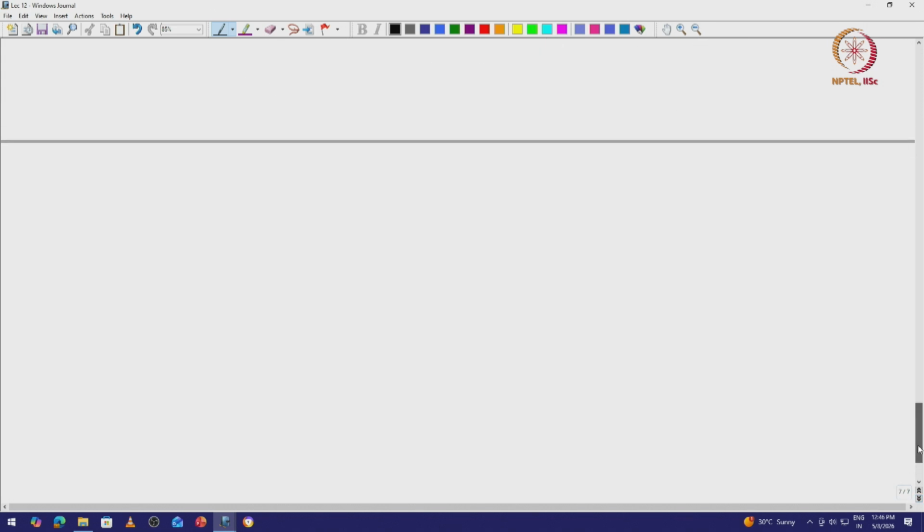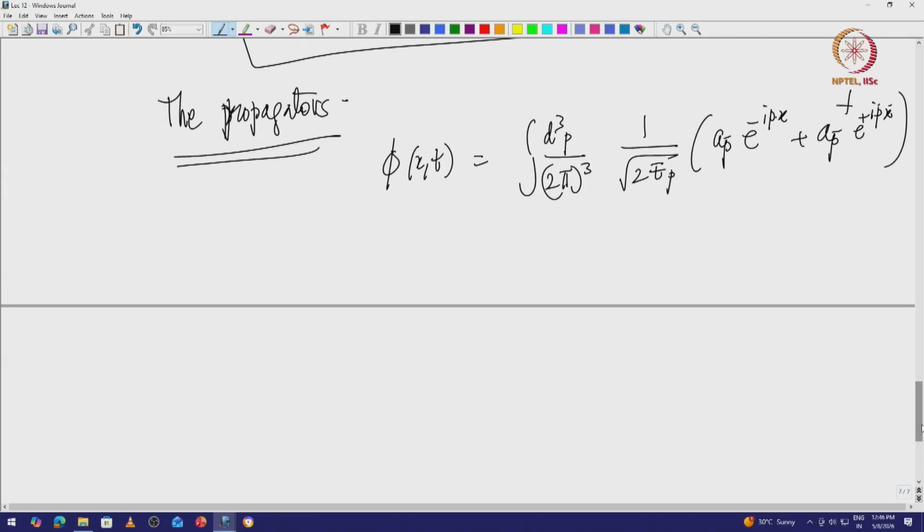So if we have a particle at a space time point y, say for example phi of y, what is the amplitude that you will find it at a space time point x essentially?